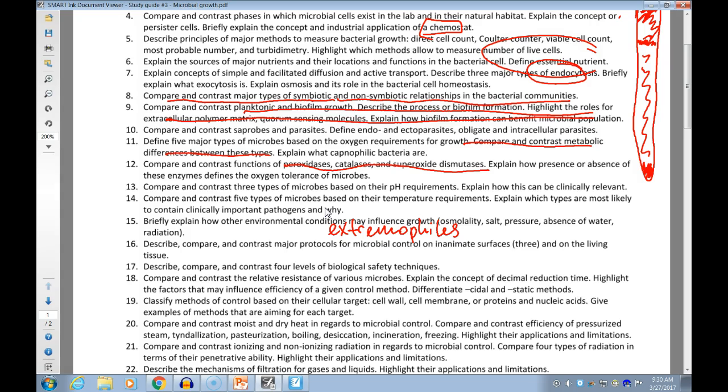Now, halophiles are the microbes that grow in concentrated salt solutions. So, halophiles are a type of osmophiles. Is that clear? Okay? We good?